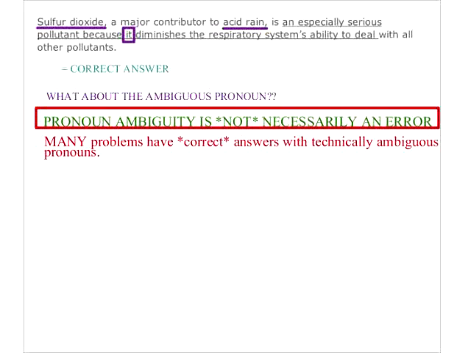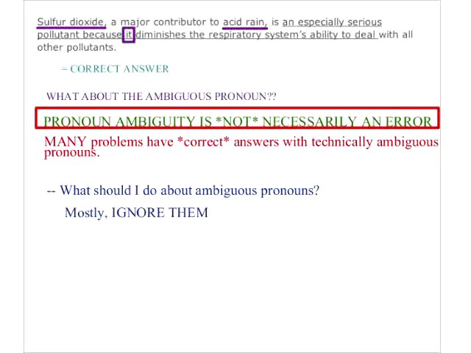So the basic deal is that you should basically just ignore pronoun ambiguity for the most part. So the question is, what should I do about ambiguous pronouns? The answer is mostly ignore them. Don't really pay attention. It's not an elimination, with one exception, see the next slide, which we'll do in a second.